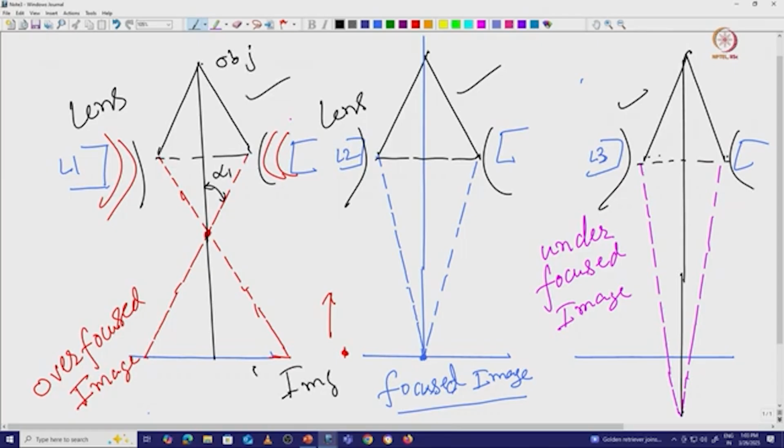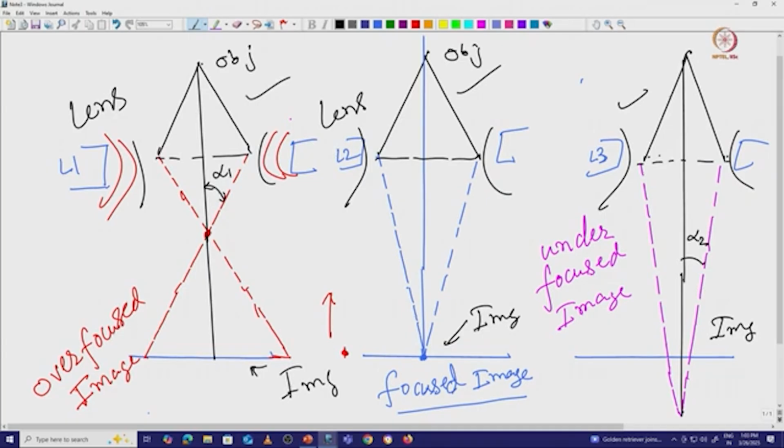Here also this is our object, this is our image. Now here if you just measure this alpha 1 and also consider this is our alpha 2, there is an angle difference. This angle will not be the same as this.